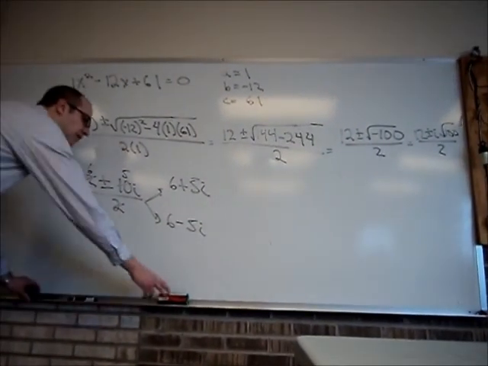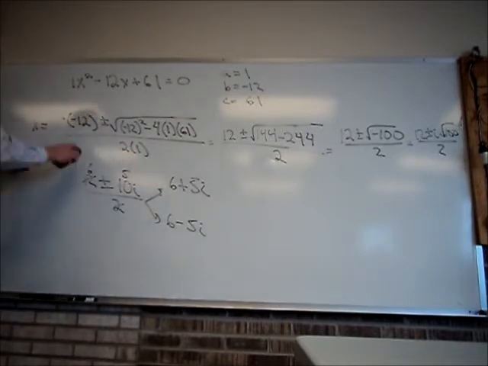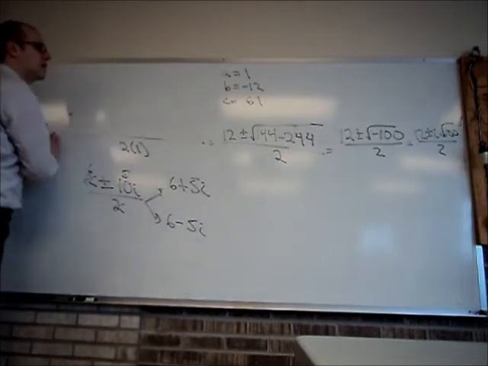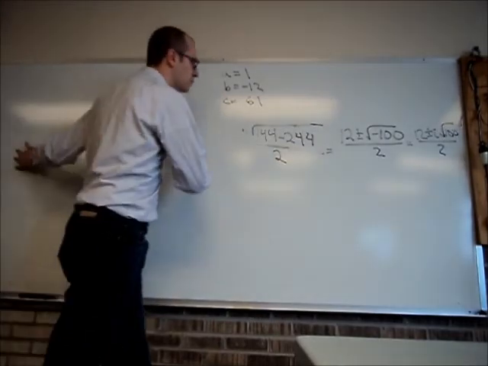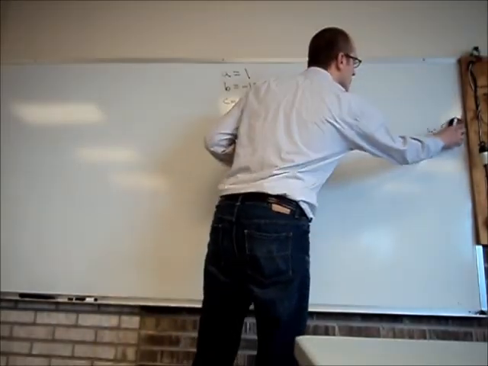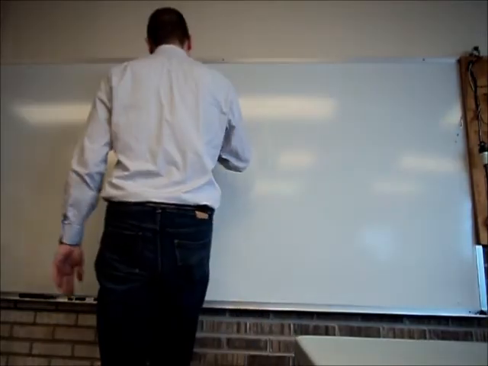That's the best online graphing calculator you'll find. I'll show you how to get there. So that's y equals x squared minus 12x plus 61.